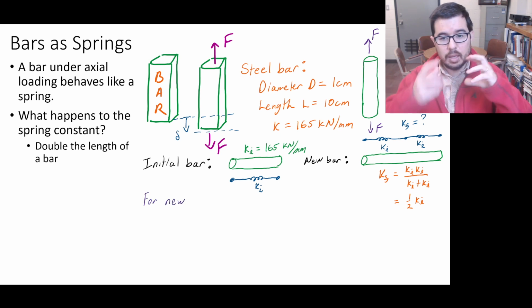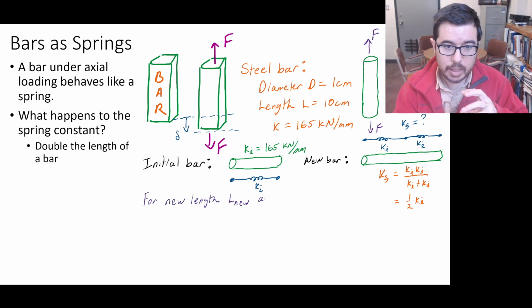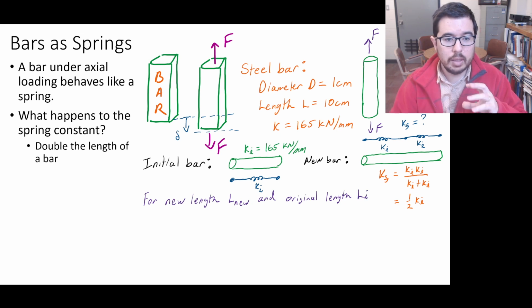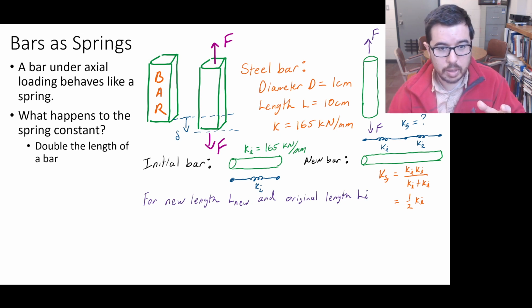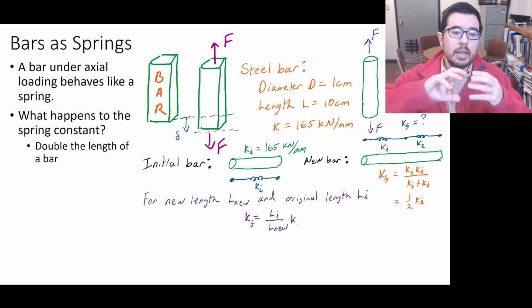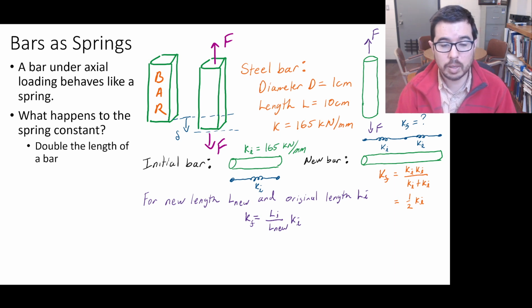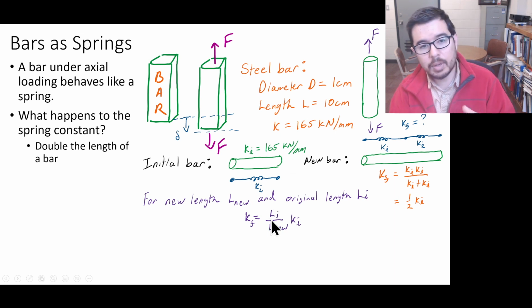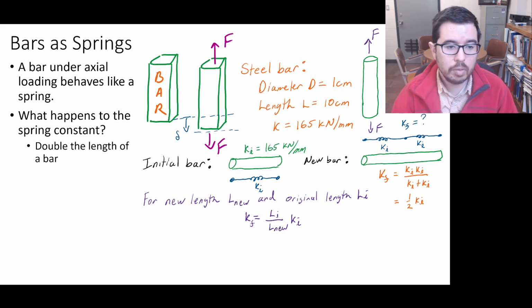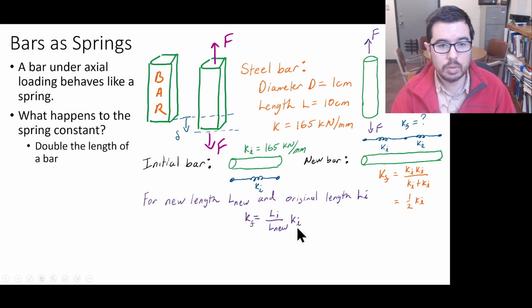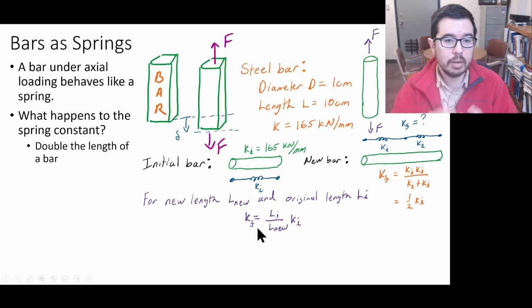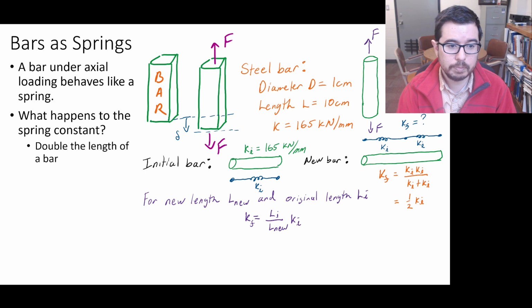And we can think of a scaling relationship as being: take the new length, take the original length, and make a ratio of them against the initial coefficient, and that will give us the new spring constant. So in this case, we can say, I'm going to take the initial length over the new length times the initial spring constant to get a new equivalent spring constant.